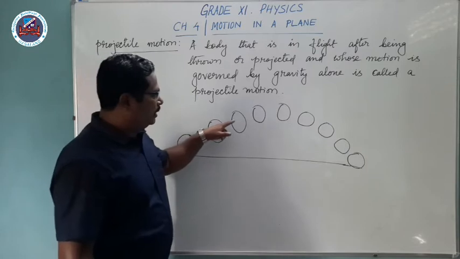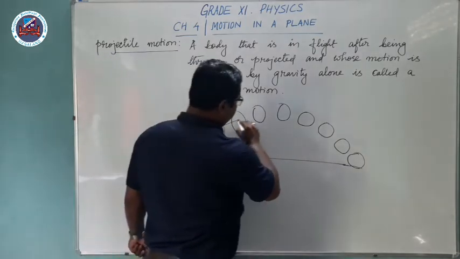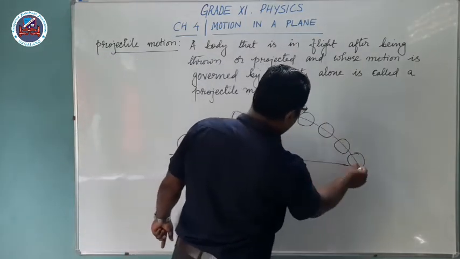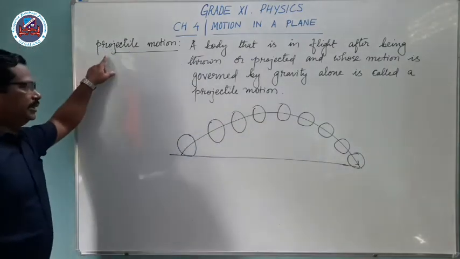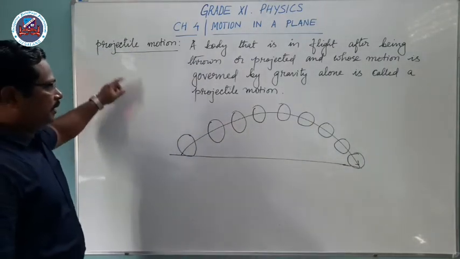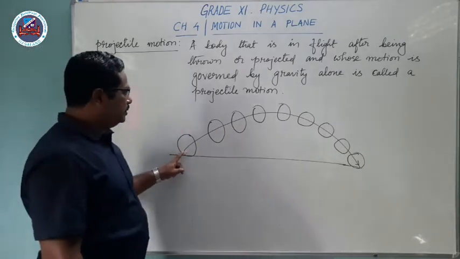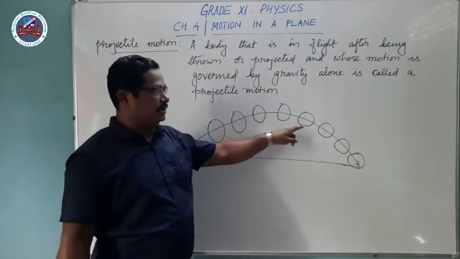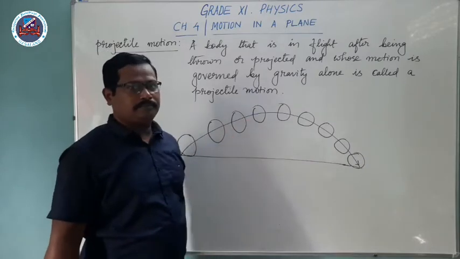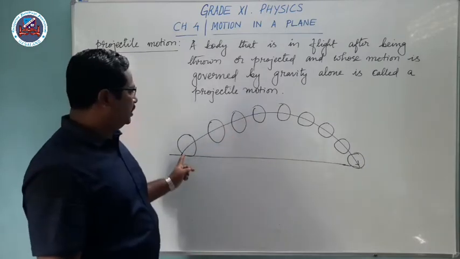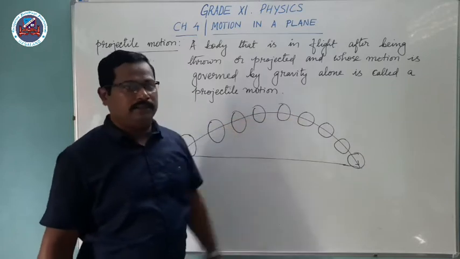It will go by itself and then come down towards the ground. This type of motion we call projectile motion, and the path traced by this projectile is called its trajectory, and the shape of the trajectory is a parabola. We call this shape a parabolic shape.